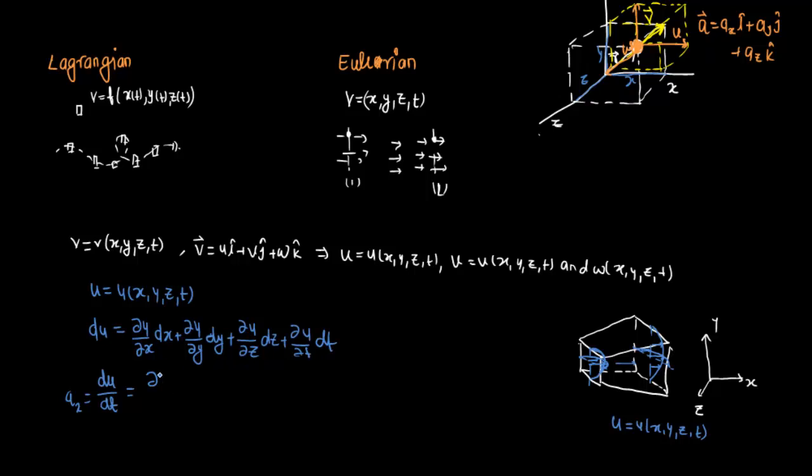So we'll write del u by del x dx by dt plus del u by del y dy by dt plus del u by del z dz by dt plus del u by del t dt by dt. Okay, in this case dt by dt is going to be 1 here.